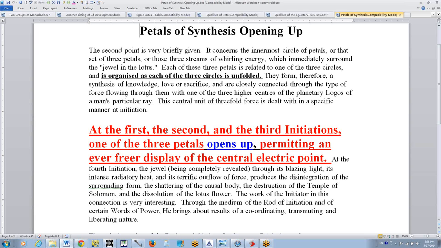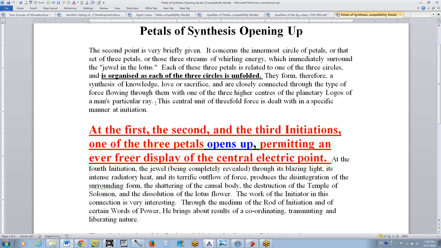They form, therefore, a synthesis of knowledge, love, or sacrifice, and are closely connected through the type of force flowing through them, with one of the 3 higher centers of the planetary logos of a man's particular ray, which may not, of course, be our planetary logos at all, but if we have the first ray, it could be Vulcan, or the second ray could be Jupiter, and so forth.